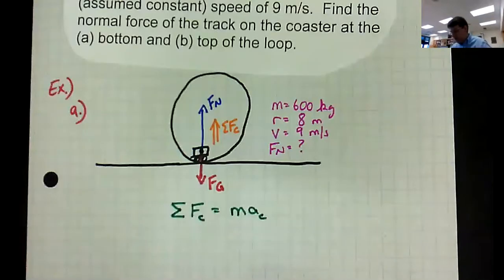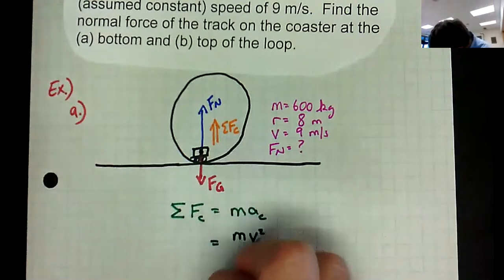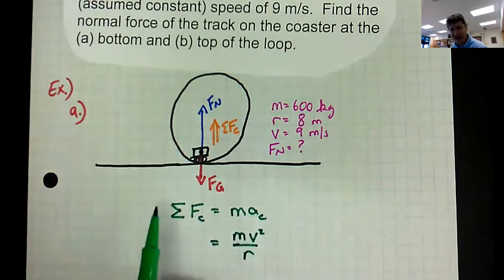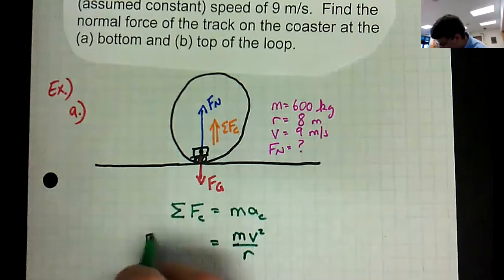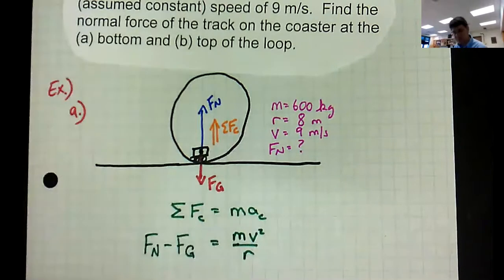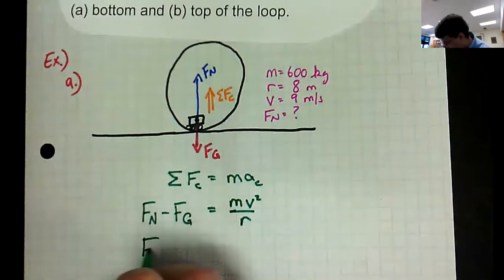It's v squared over r. So this side becomes mv squared over r. And if we expand this side, this side should be equal to normal minus the force of gravity, or normal minus mg.